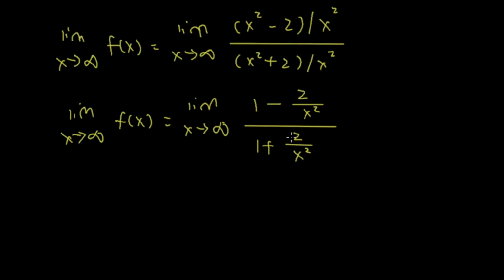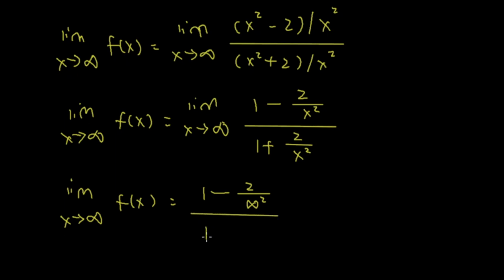Now you can put infinity into x here. Let's see. One minus 2 over infinity squared, divided by 1 plus 2 over infinity squared.